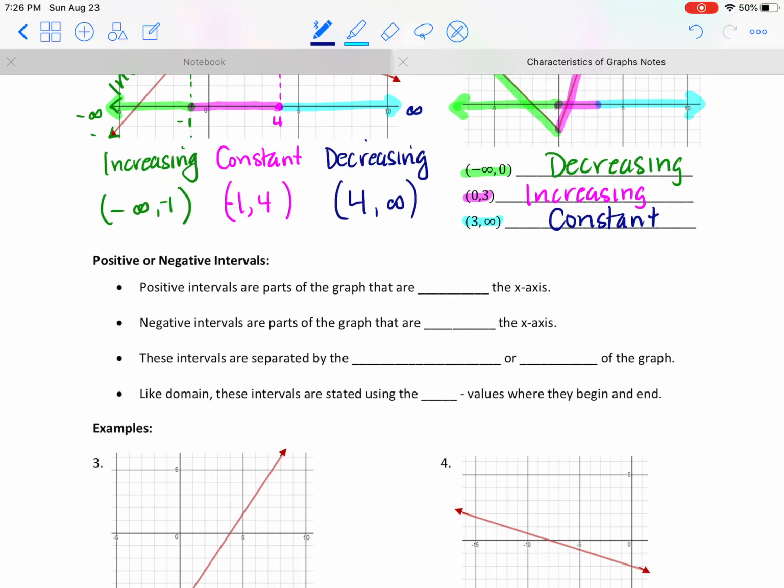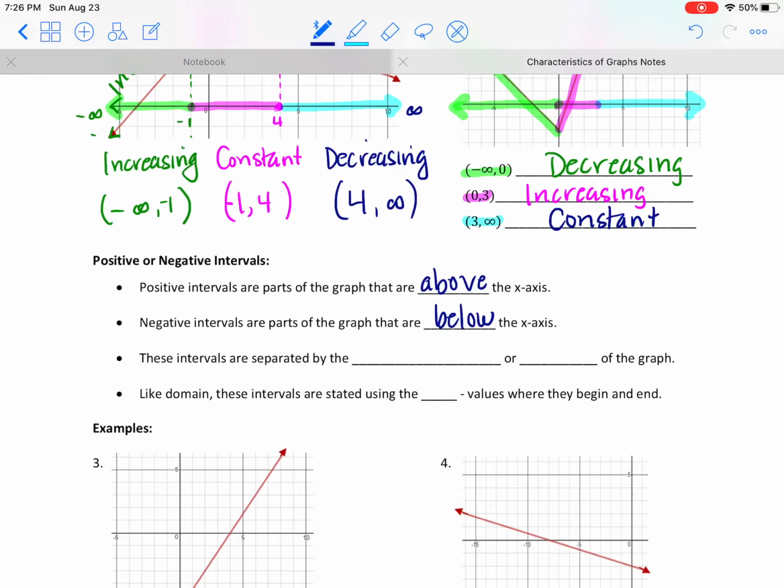So positive intervals of the graph are parts of the graph where the y values are positive, or negative intervals are going to be parts of the graph where the y values are negative, which means positive intervals have to be above the x-axis, and negative intervals have to be below the x-axis, because above the x-axis the y values are positive, and below the x-axis the y values are negative.